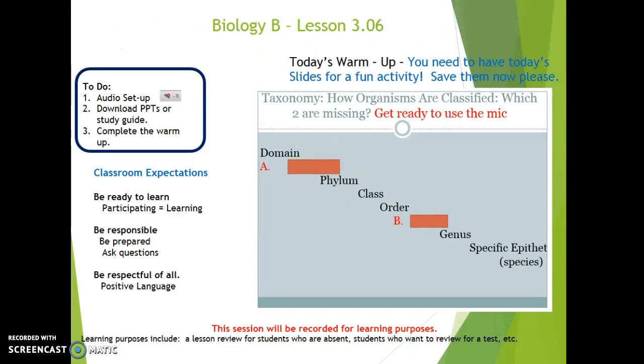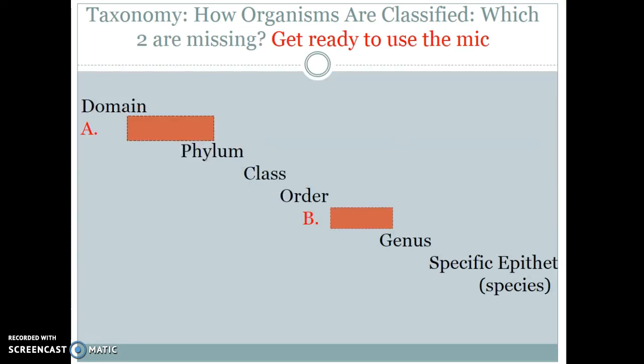Before you do that, let's check our understanding of our taxonomy. Can you fill in the missing areas? What is a hierarchy or system of ranking?